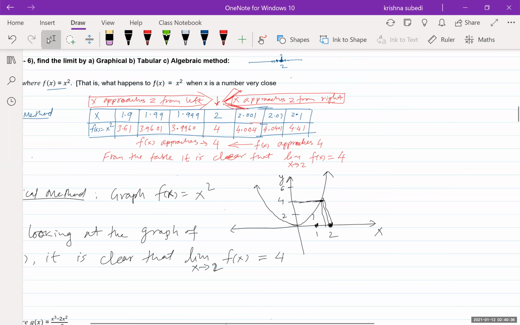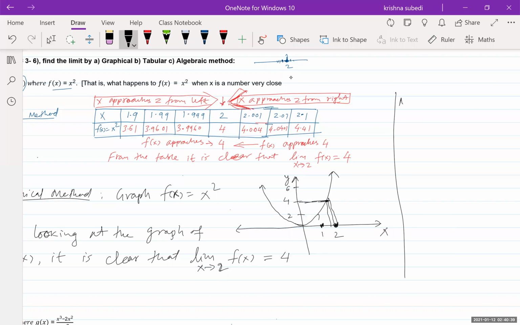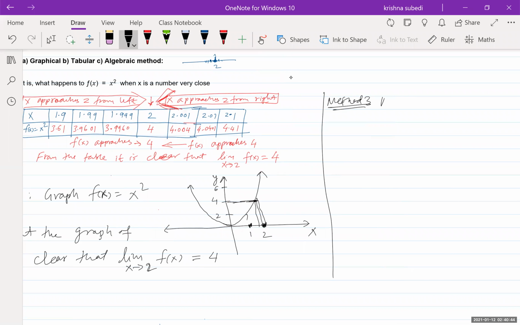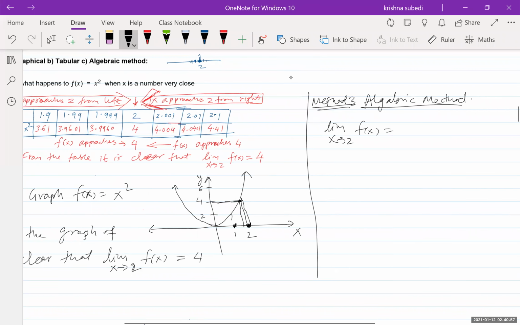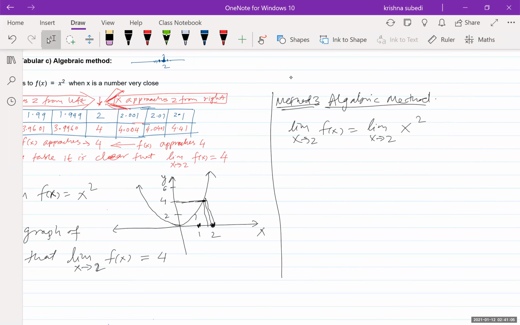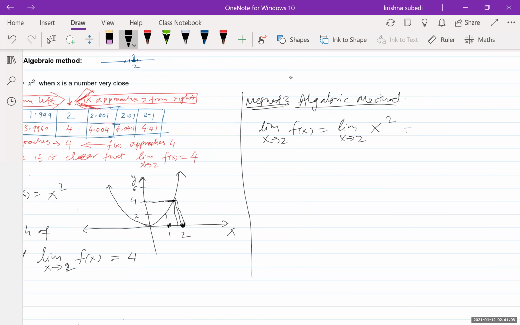Now let's look at the algebraic method, method 3. Limit as x tends to 2 of f of x equals limit as x tends to 2 of x squared. In the algebraic method, your first step is to plug in the value of x directly.